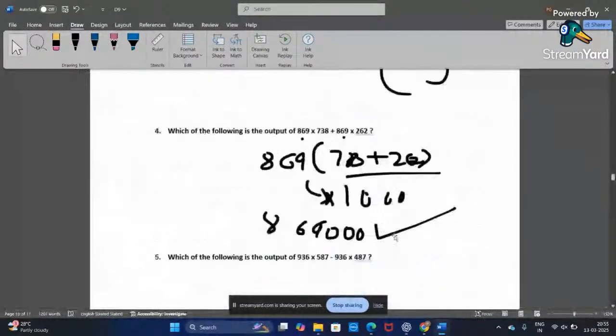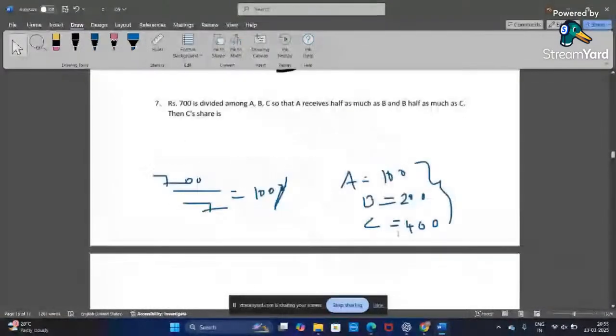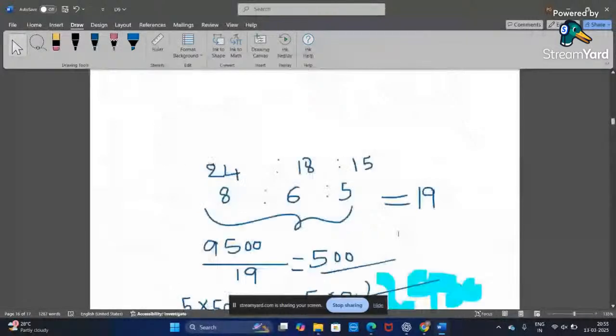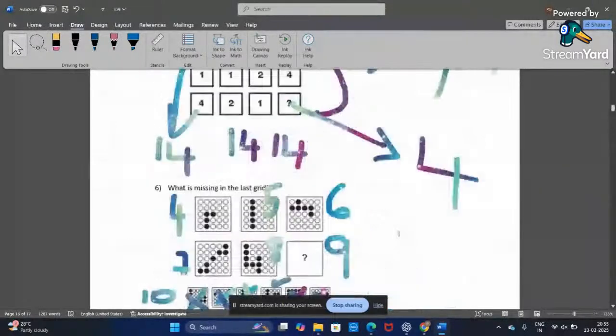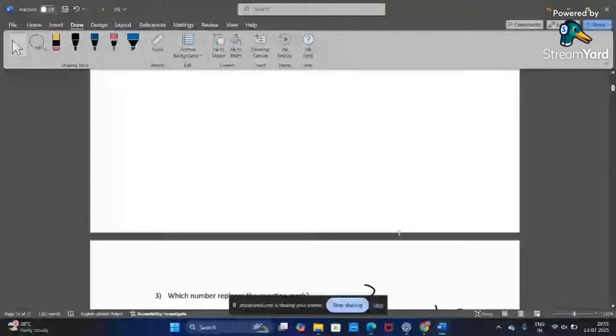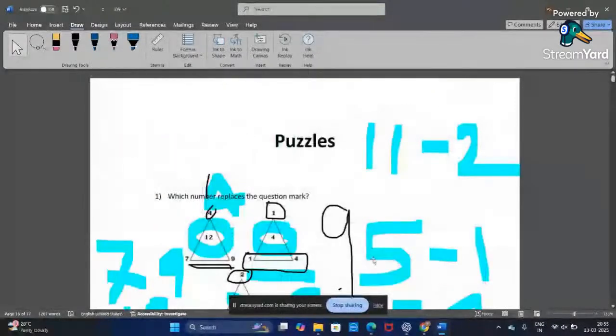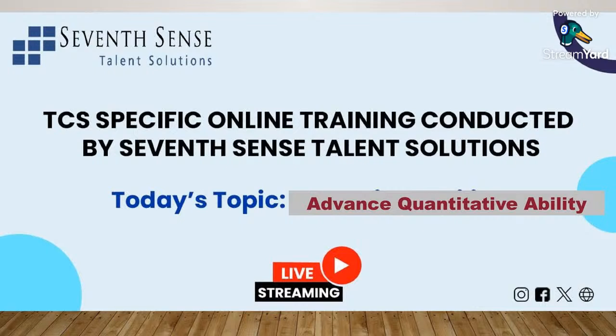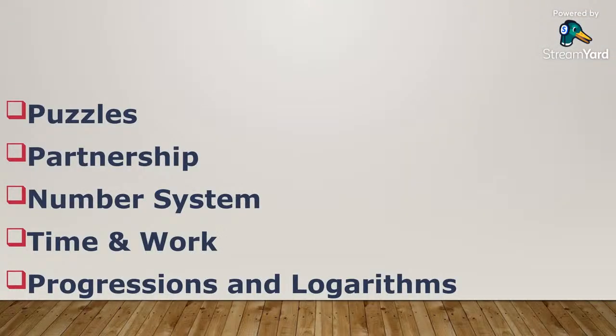Then we solved the problems on partnership, and we solved the problems on puzzles as well. So today we have completed puzzles, partnership, number system, time and work, progression and logarithms, right?